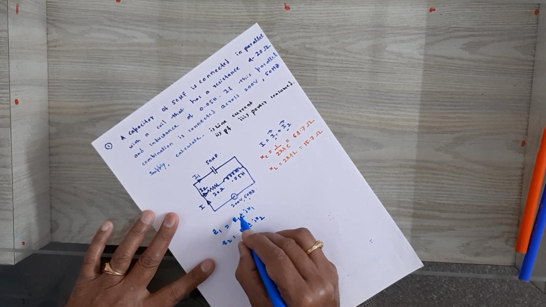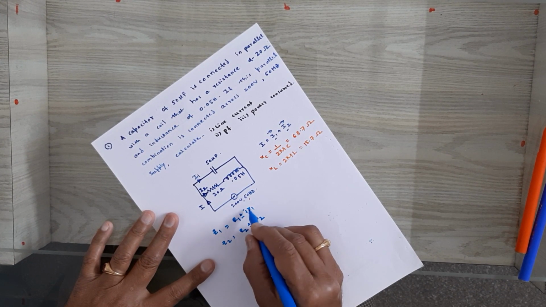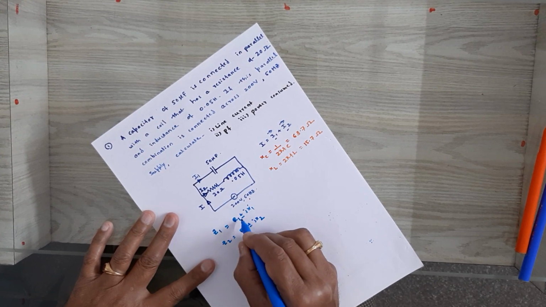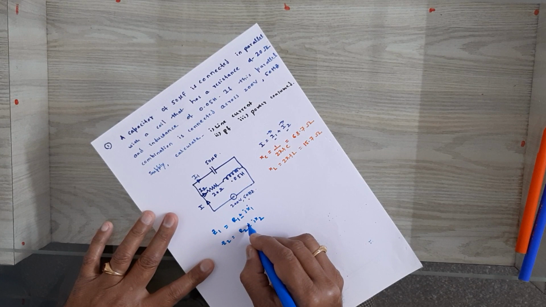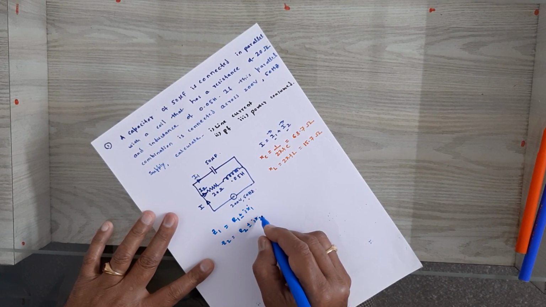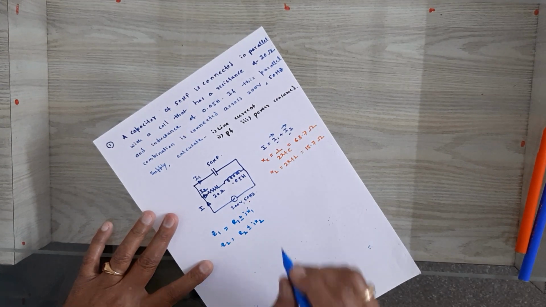I am using here plus or minus. Plus is meant for inductive reactance. If it is negative, it is capacitive reactance. Similarly here, if you are taking plus, it is inductive reactance. If you are taking minus, it is capacitive reactance.